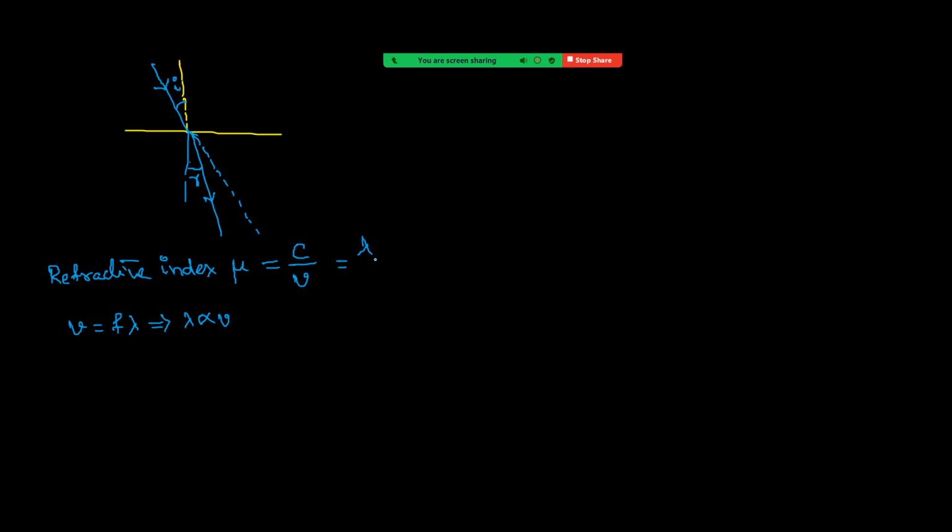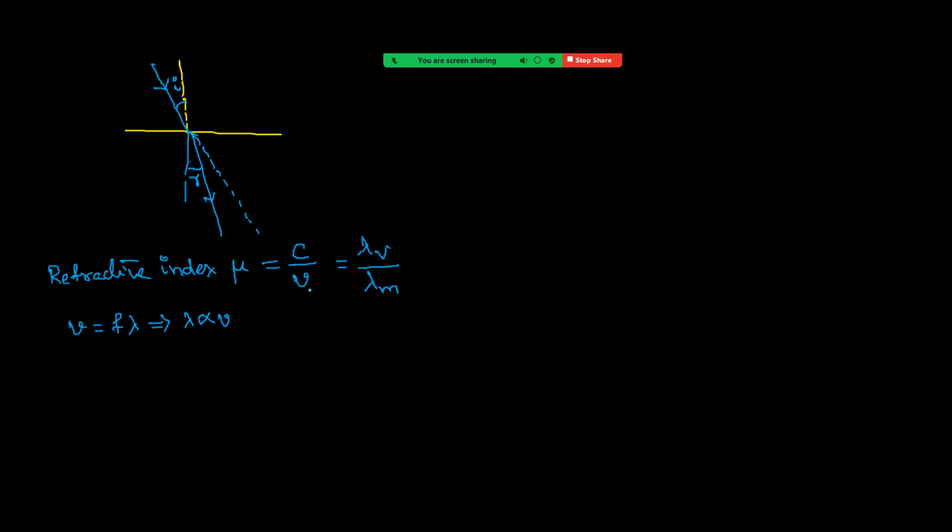For example, we are focusing red light. Then wavelength of that red light in vacuum upon wavelength of that color in that medium. So refractive index in terms of speed of light in vacuum upon speed of light in that medium. Since V equal to F lambda, frequency is a constant, lambda proportional to V. That means this is lambda in vacuum and this is lambda in that medium.